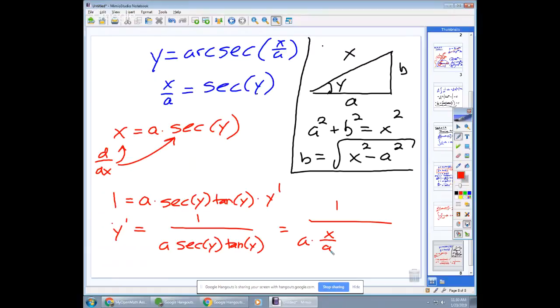Tangent is opposite over adjacent. So that would be the value of b over the value of a. b is the square root of x squared minus a squared over a. So this right here is my secant of y according to that triangle. And this right here is my tangent of y according to the triangle.